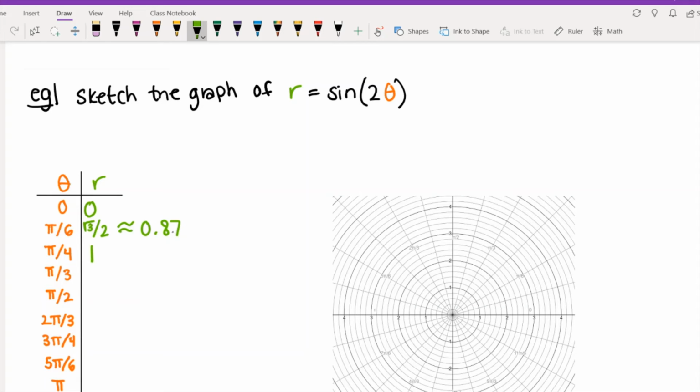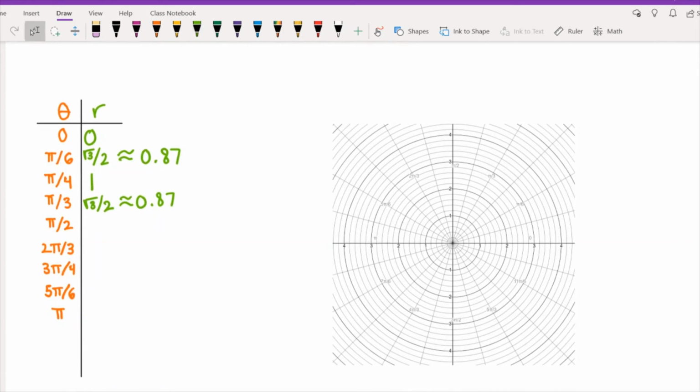Okay, so for the next one, we have sine of 2 times pi over 3. So 2 pi over 3 is going to give us, again, actually the same value, right? That's going to be square root of 3 over 2. The next point, we're doing 2 times pi over 2, so that's pi. So that's going to give us sine of pi, which is 0.